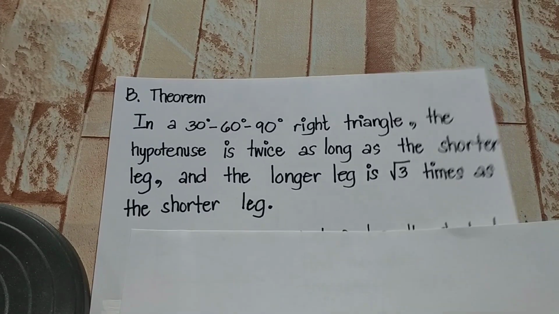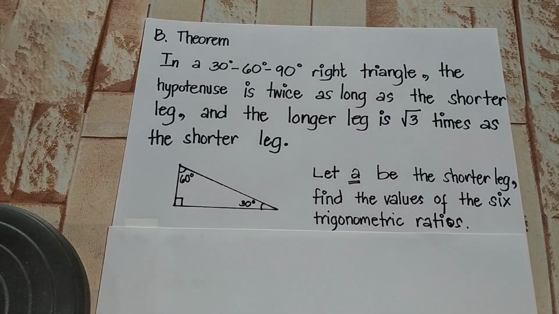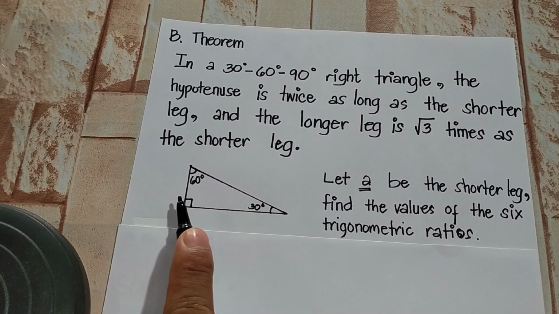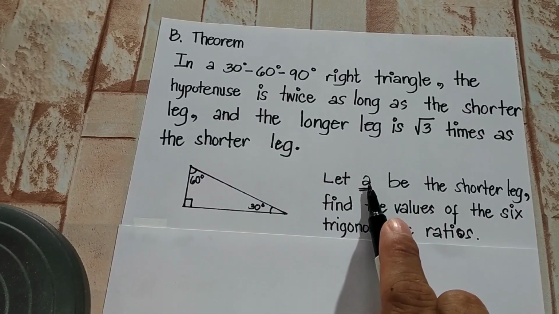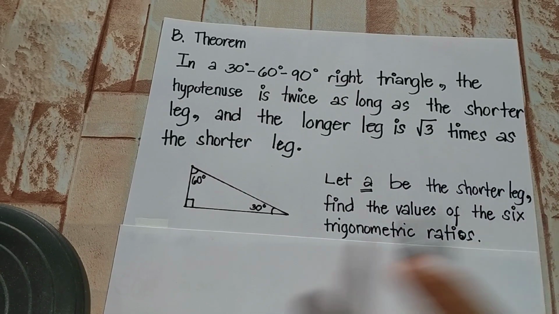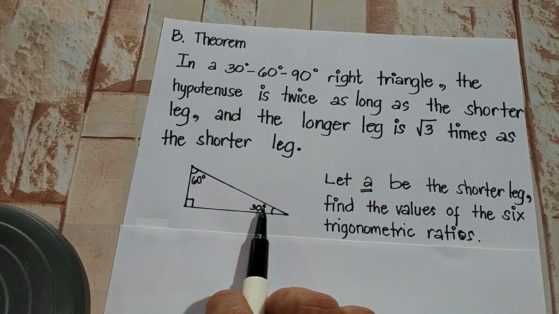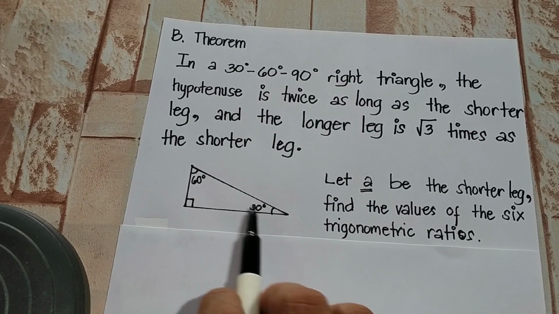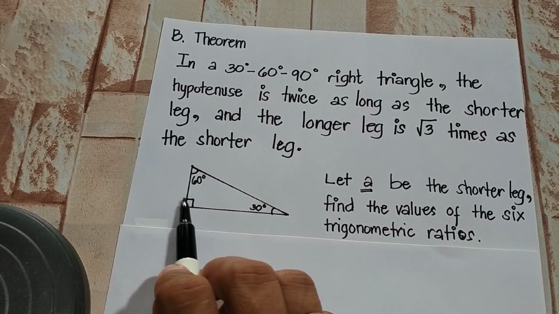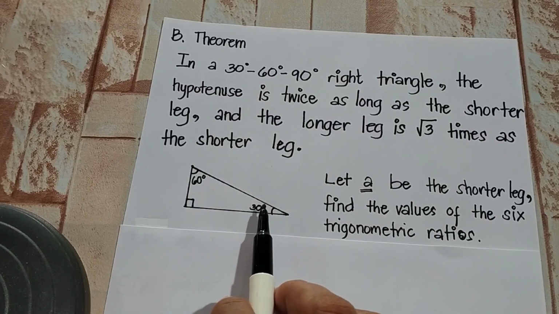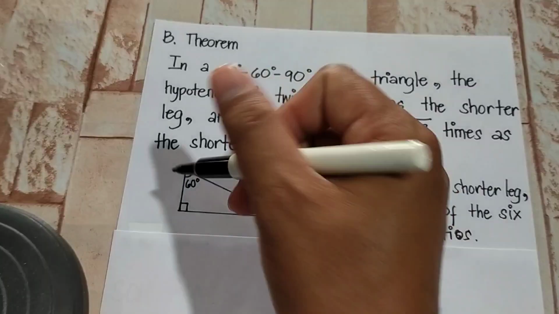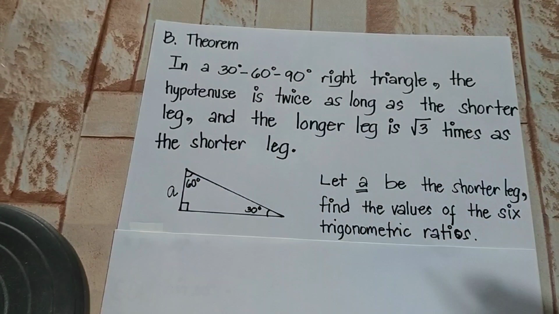If you take a look at this illustration, we have here our 30, 60, 90 degrees right triangle. So let A be the shorter leg. Which one is our shorter leg? The side opposite the smaller angle. Since 30 is shorter than 60 and 90, this side in here is our shorter leg. So let's say that is our A.